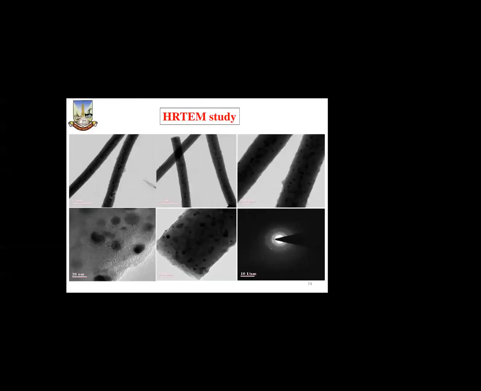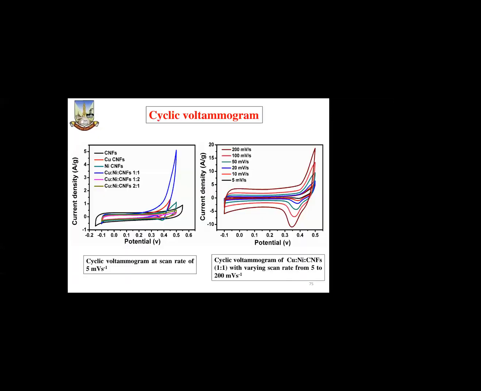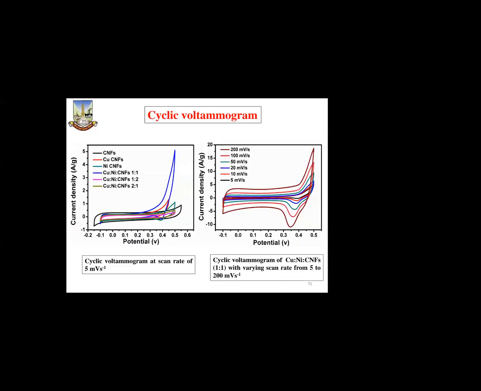This is a high resolution transmission electron microscopy we have done. If you look into this, the dark patch is of copper, the light patch is of nickel. The combination is uniform throughout the fiber structure. And we have done the cyclic voltammetry study for this.